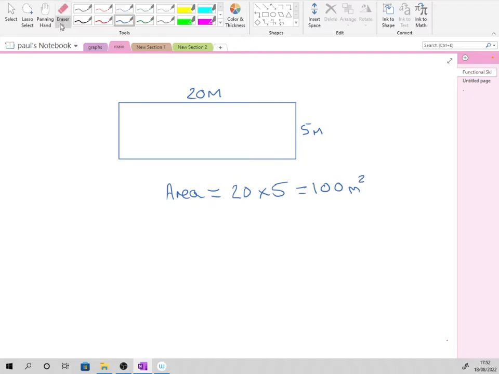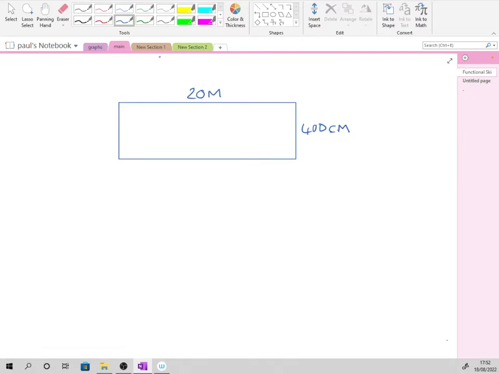Now, imagine that this is 400 centimeters. You can't go multiplying 20 by 400, so the units must be the same before you multiply.